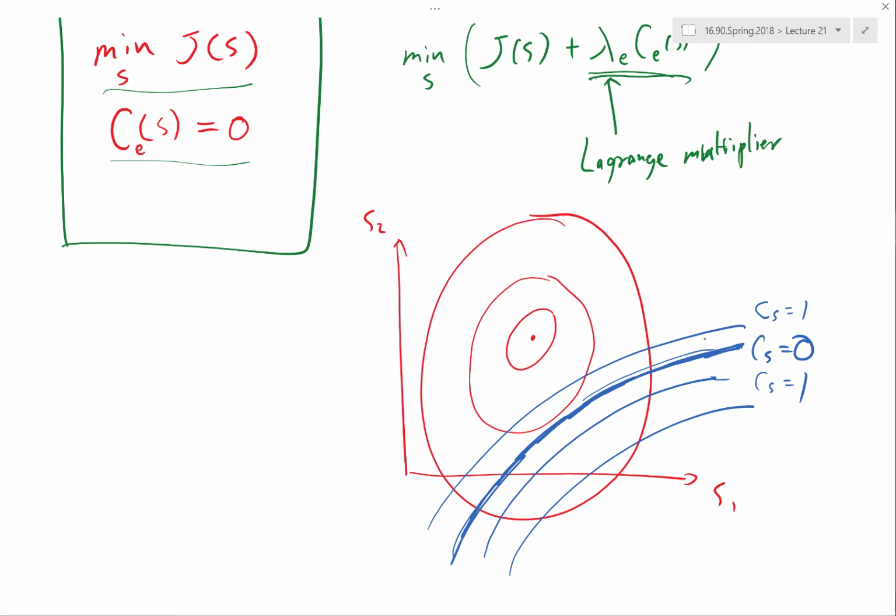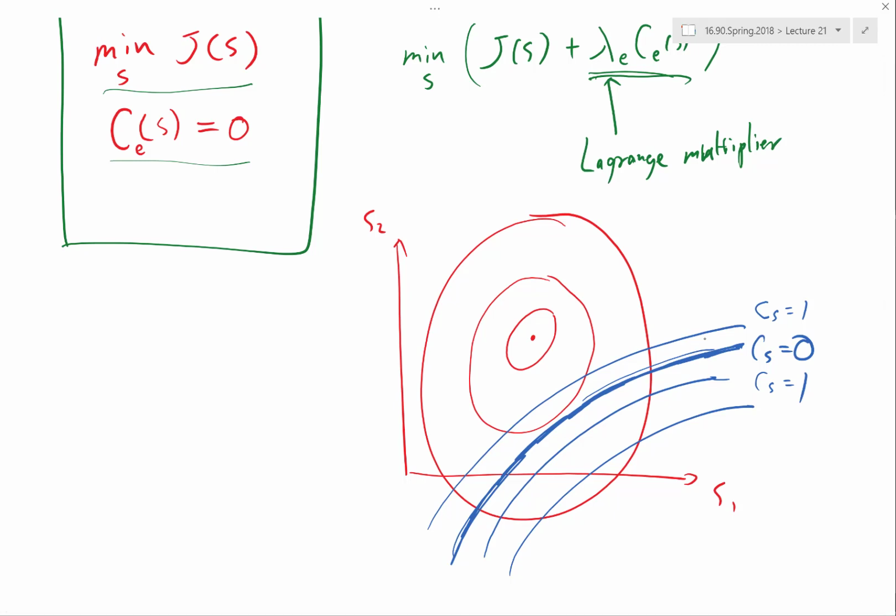Does it make sense? So if I have a three-dimensional space, then that contour wouldn't be a line anymore, it'll be a surface, right? And again, if I have 3 dimensions but 2 constraints, then again it becomes a line.